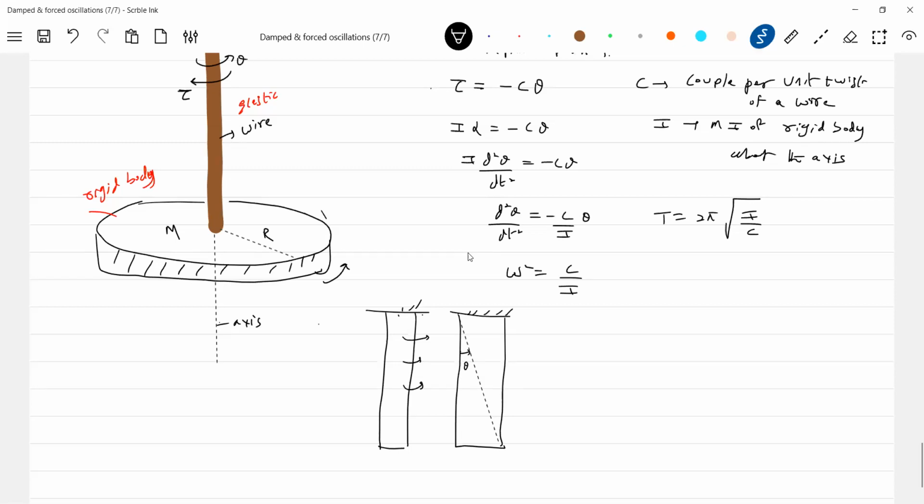The wire gets twisted, so different parts will have different twist. The one which is in contact with the body will have more angular displacement. Am I right? As you swing it, the wire which is in contact with the rigid body will have more angular displacement.